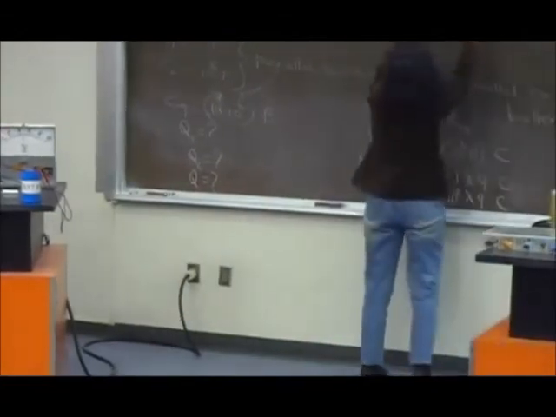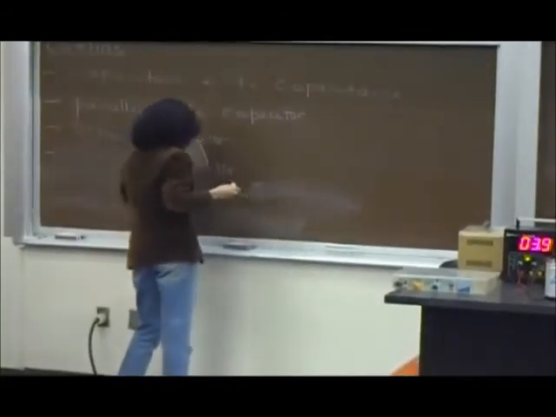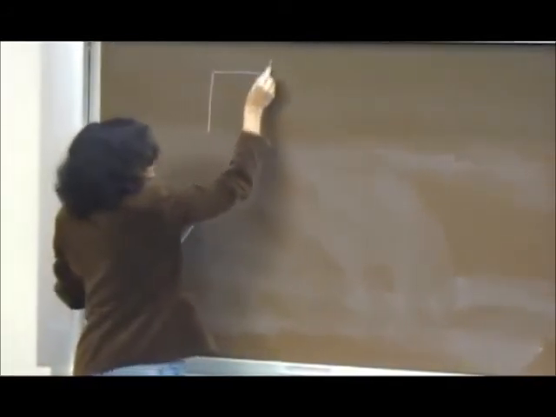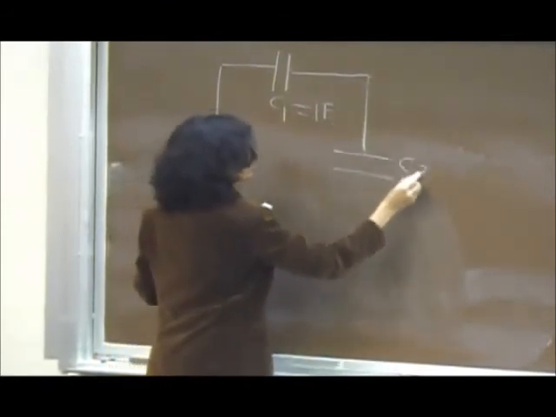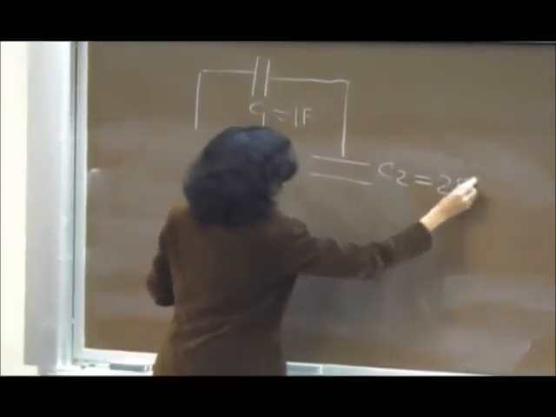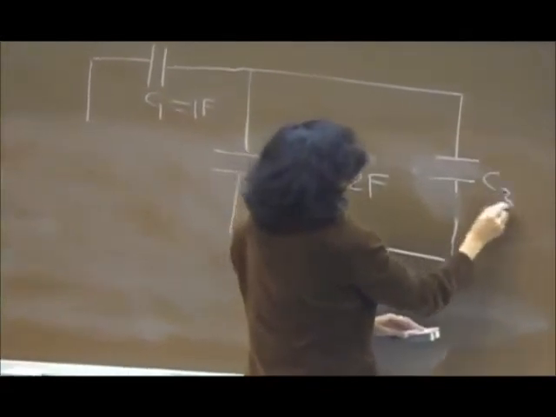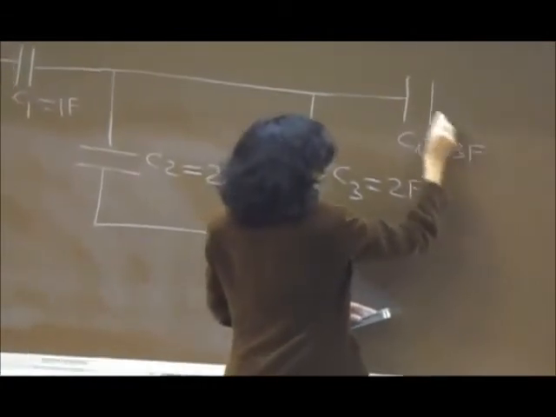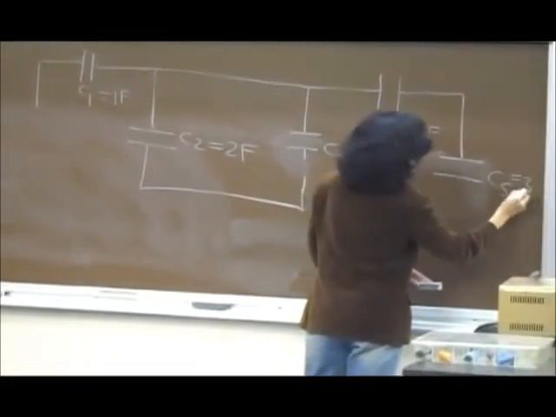So suppose you had a question that said, here is the thing, you have a circuit like this, you have a capacitor C1, which might be 1 farad, you have a capacitor C2, which is maybe 2 farad, you have another capacitor here, which is C3, which is also 2 farad, and you have another capacitor here, C4, which is 3 farad, and you have another capacitor here, C5, which is 3 farad.